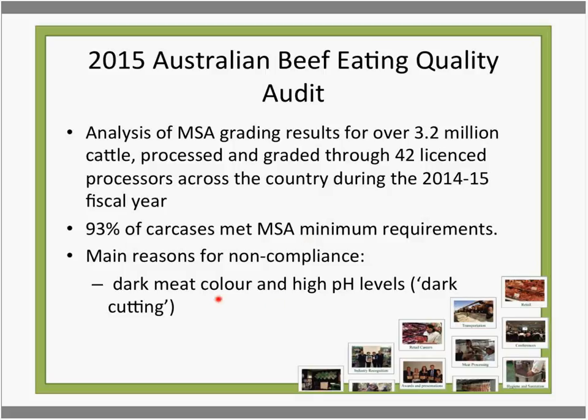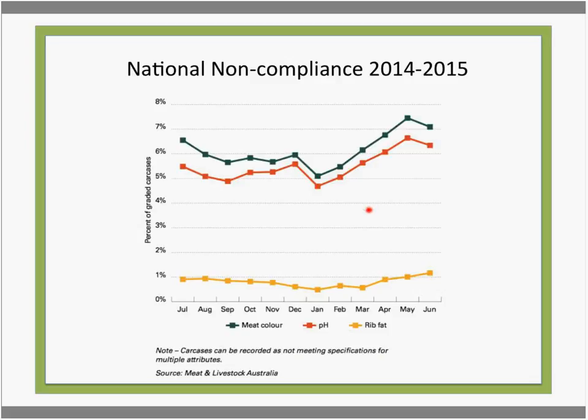The main reasons for non-compliance were dark cutting or dark colour and pH level, which is big from the graph, followed by rib fat level. So it does just show us why pH is important through the process.